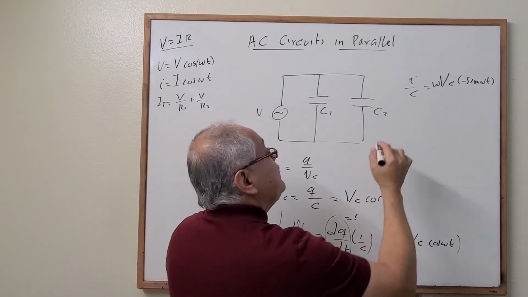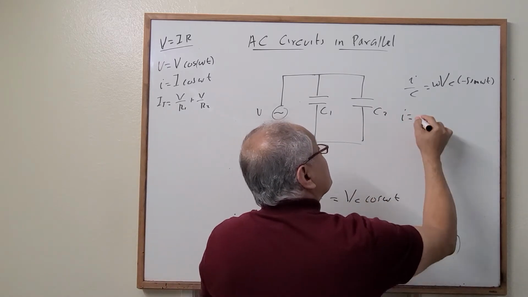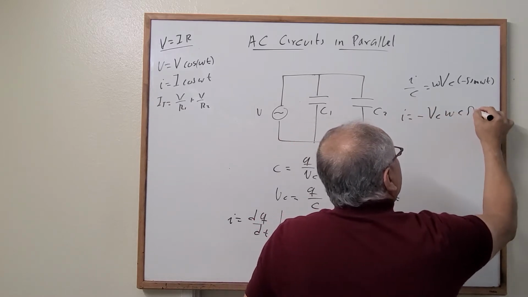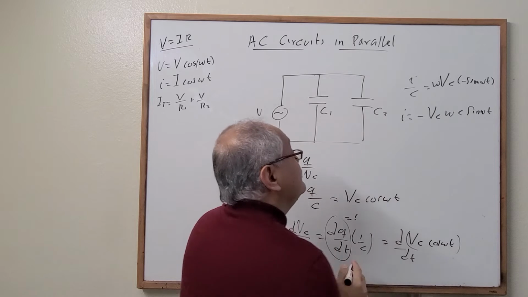Perfect. Or we can arrange it this way. The instantaneous current is equal to negative V_C omega C sine omega t.